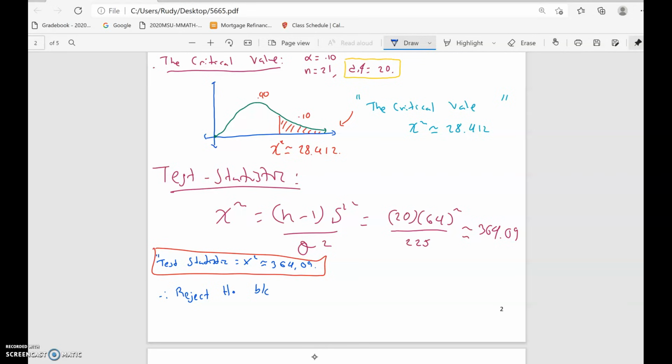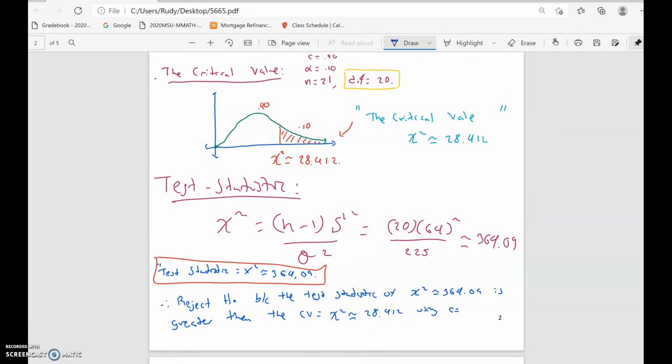And you can just say because the test statistic, a chi-square value of approximately 364.09, is greater than the critical value, a chi-square value of approximately 28.412 using confidence equal to 0.90.